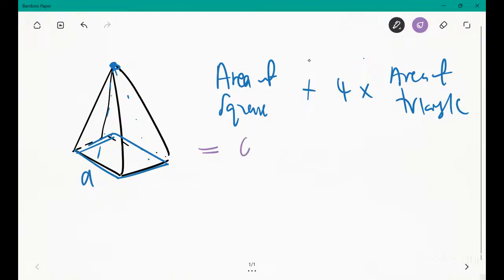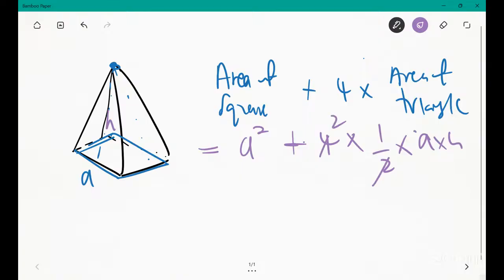So the lengths are the same in a square. So therefore, it's a squared plus 4 into, let's say this is h, half into base into height. So here you can simplify this. As a shortcut, it becomes 2. Therefore, it's a squared plus 2ah.